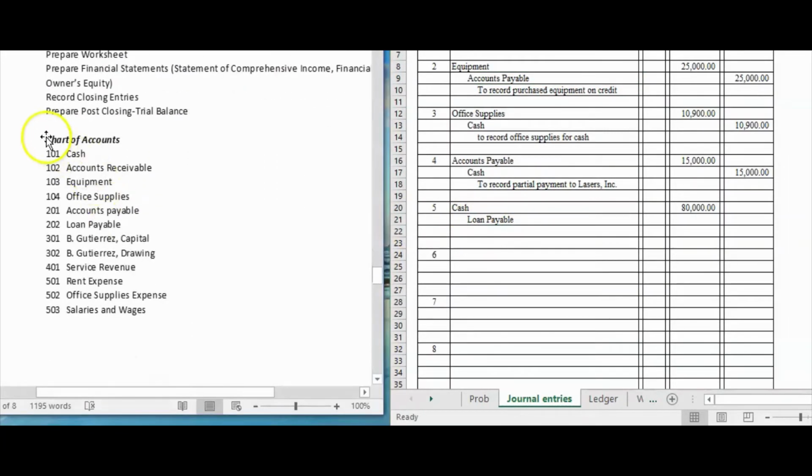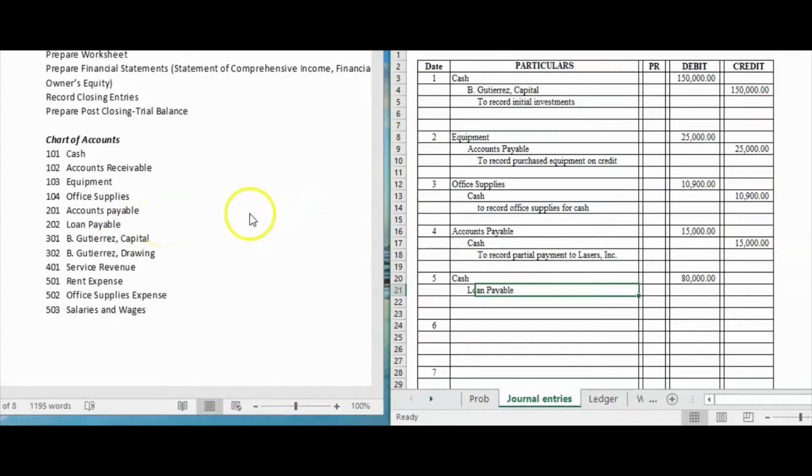Besides, in every transaction that you are going to make, meron tayong chart of accounts na fina-follow. Okay, both accounts payable and loan payable is under liability. Parehong utang yan. Parehong liability, obligation to pay.